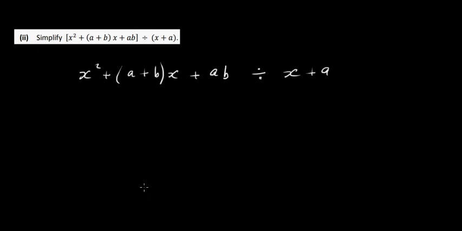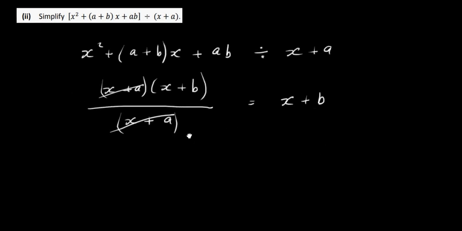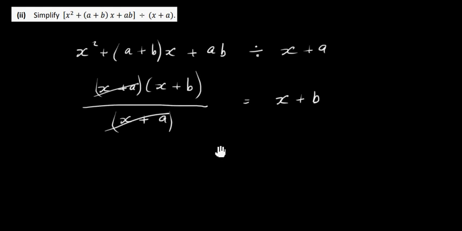Well, again, we were just told in the first part of this question that all of this is just x plus a times x plus b. We've got to divide that by x plus a. So we have an x plus a on the bottom, which will divide into the x plus a on the top, and we're just simply left with x plus b. And really that's it. That's the end of this question, and indeed that is the end of paper 1 questions.